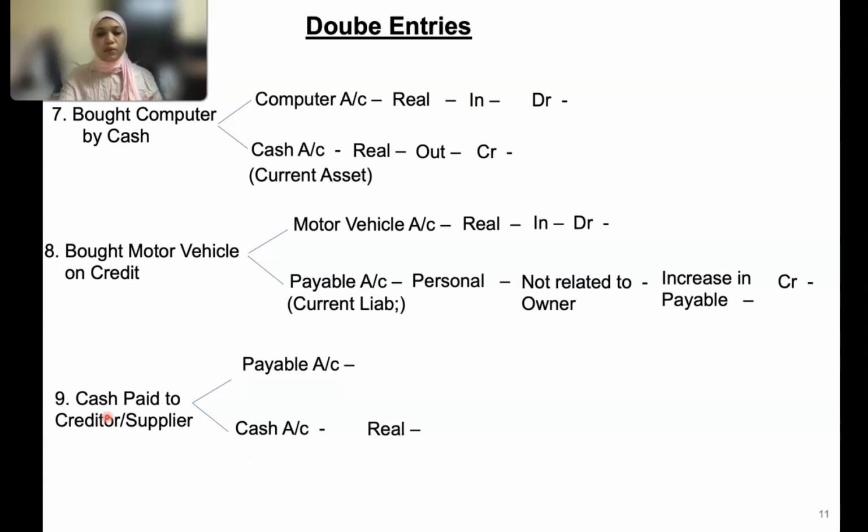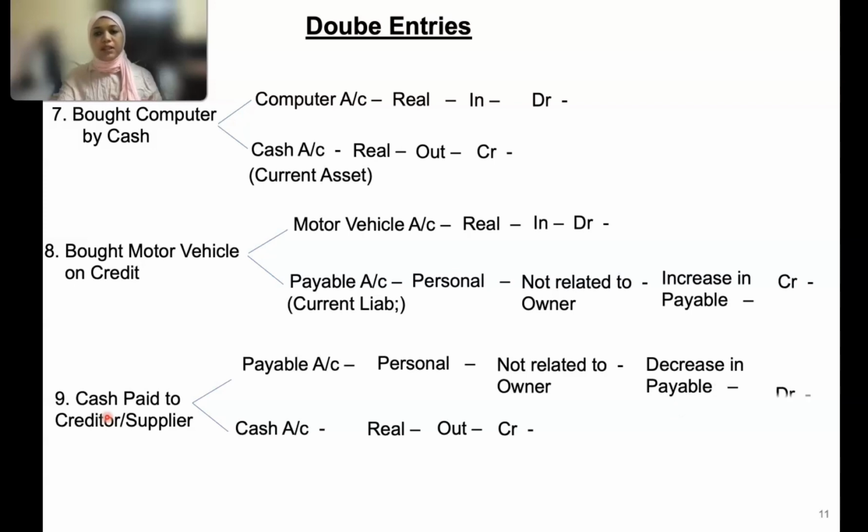Cash is real. We paid cash, so it is out, so we record in credit. Payable is personal, not related to owner. Because we paid cash to our supplier, it will decrease our payable, so we'll record in debit side. Okay, I hope you understand up to here.